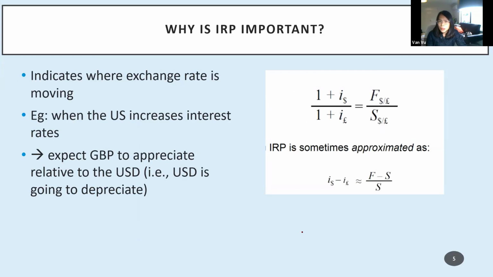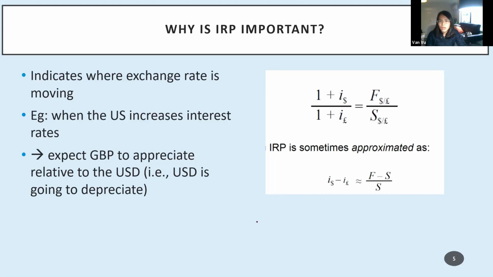So why is IRP important? The IRP tells us, number one, the fair value of the exchange rates, and number two, whenever you have a change in the interest rates, you can use that to predict the movement in your exchange rate as well.